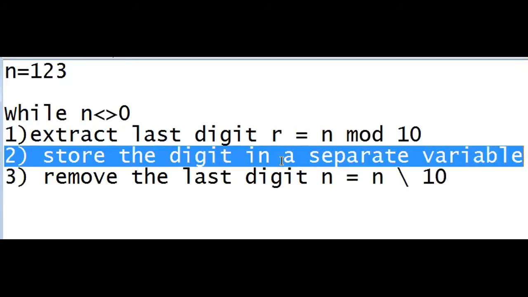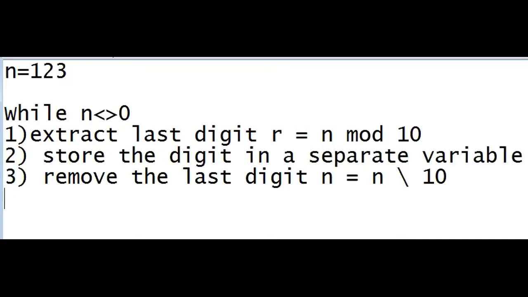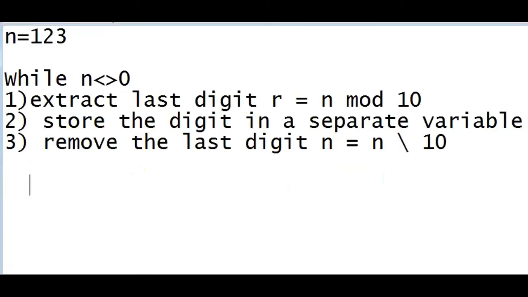Now the only thing is this part: how to store the digit in a variable. So this is the only thing that we have to know. In order to store the last digit, we'll use a separate variable, and the variable which I usually use is rev. Now for reverse, I'm using variable rev. We can't use r because r we will be using to store the extracted digit. If we use r over here, then we have to change this.